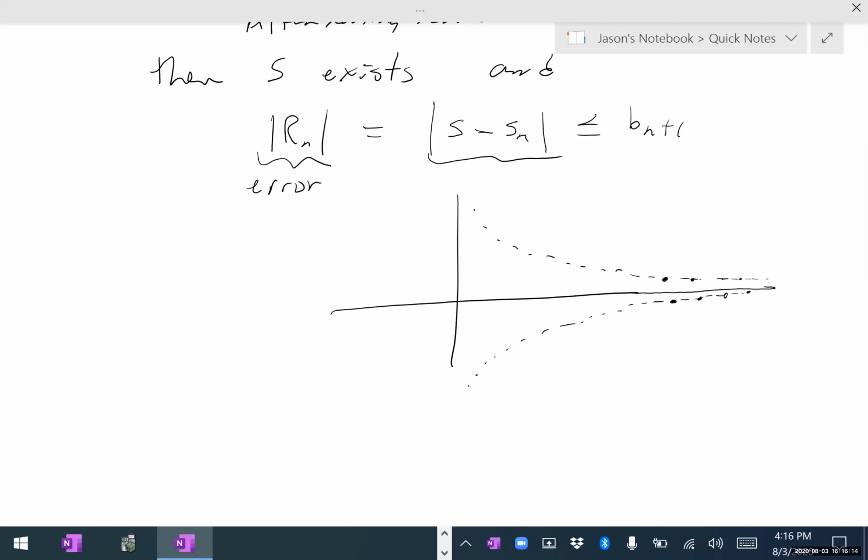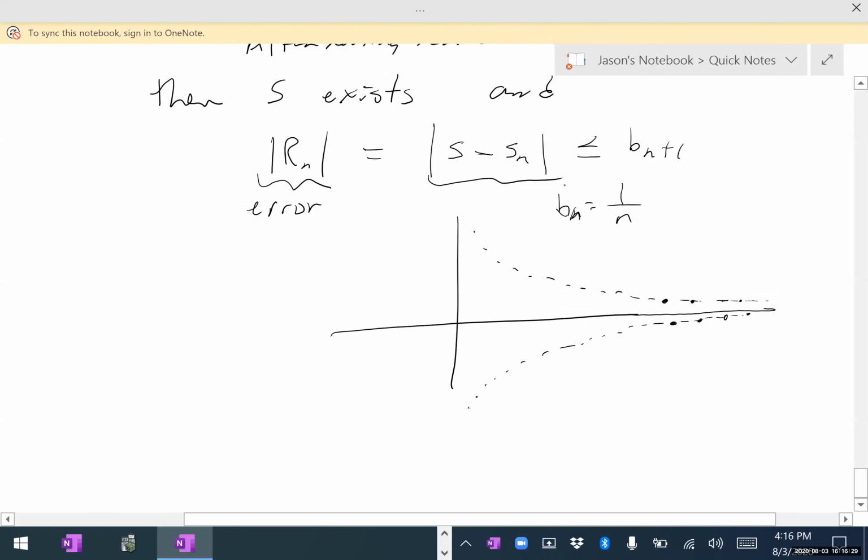So let's make this the harmonic, just for kicks and giggles. Let's let b sub n equal 1 over n, right? And what do we know about the harmonic itself? It diverges. But what do we know about the alternating harmonic series? It converges, right?